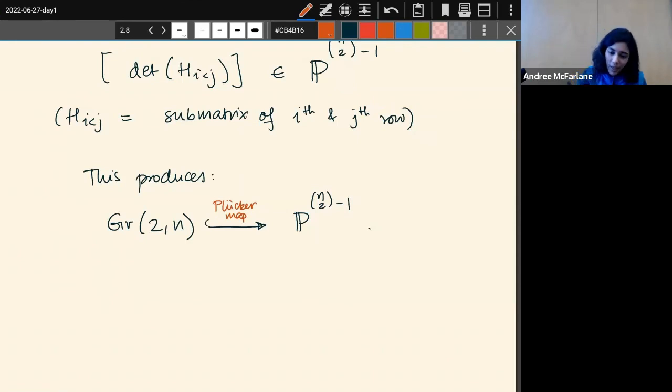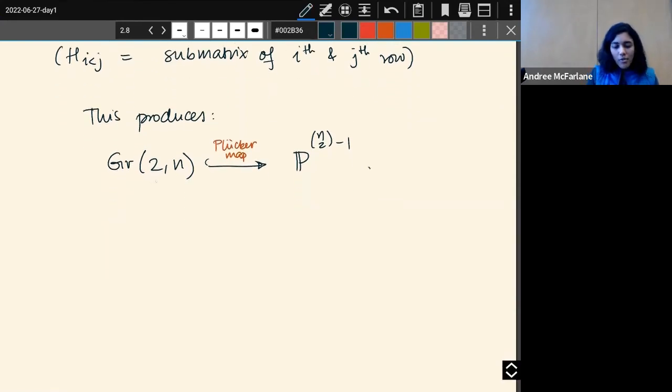Okay. So now this gives me homogeneous coordinates on the Grassmannian, right?